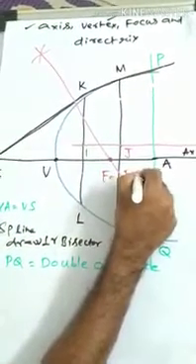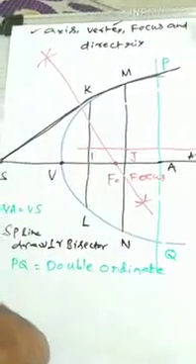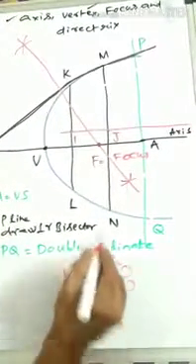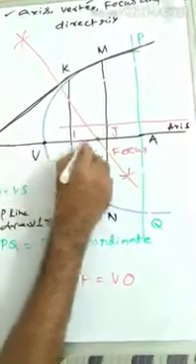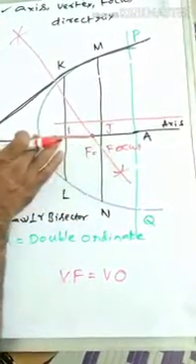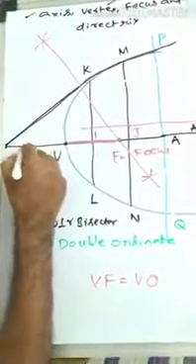F is the focus. After locating the focus, how to get the directrix? VF is equal to VO. Now this is going to be the VF distance. This length you have to measure and put it here, the same length, by using a compass or a drafter.